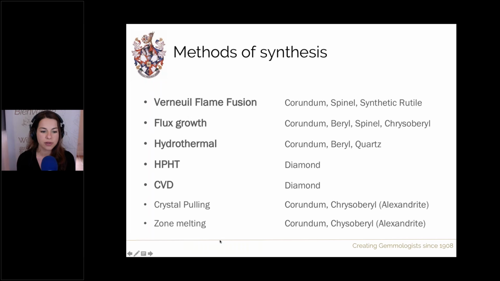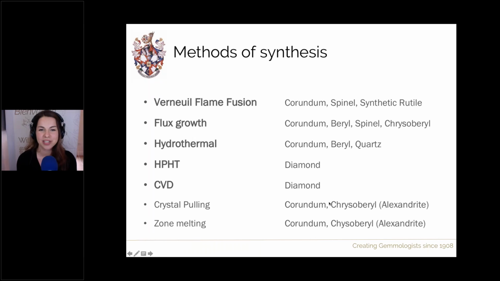Now, we're not going to focus on these bottom two during this lecture, even though they create corundum. The reason for that is these particular techniques grow larger crystals of really high purity. So these are quite expensive and are more often used for lasers and industrial uses instead of gems. And due to their high purity, even if they were made into gems, there's nothing visual there for you to detect them with anyway.